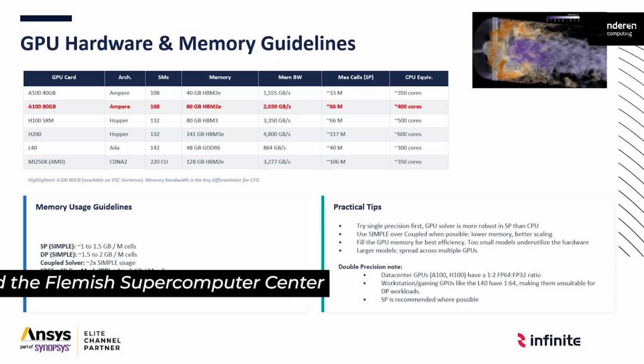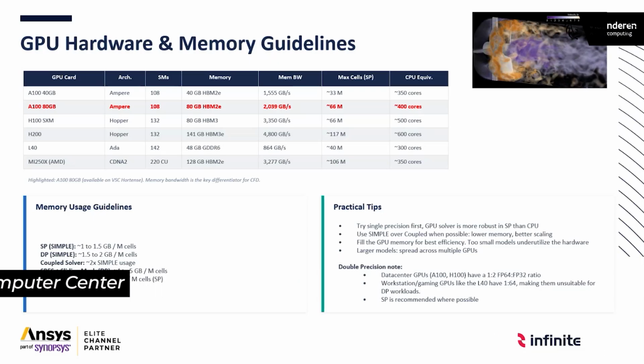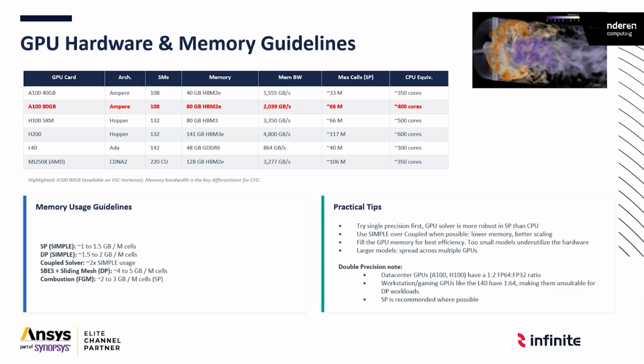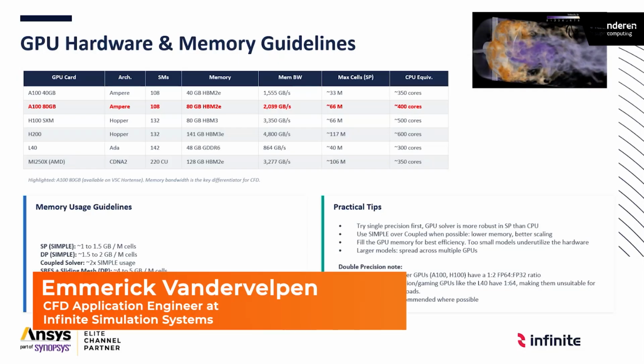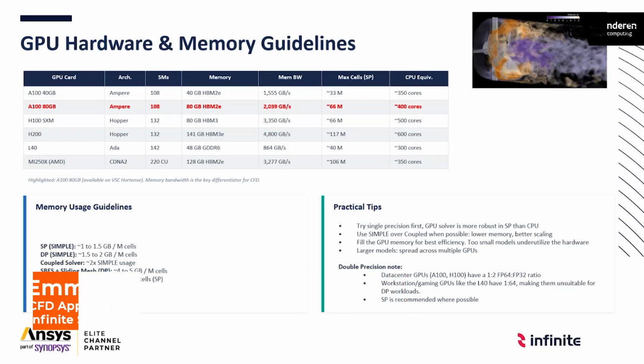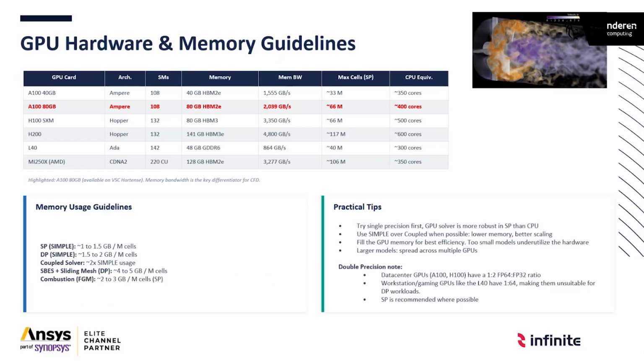Some practical tips when using the GPU solver. Like I said, in most cases, it's numerically stable and accurate in single precision. So always first try single precision and then afterwards go to double precision if needed. Try to fill the memory for best efficiency. So of course, the same with CPU.